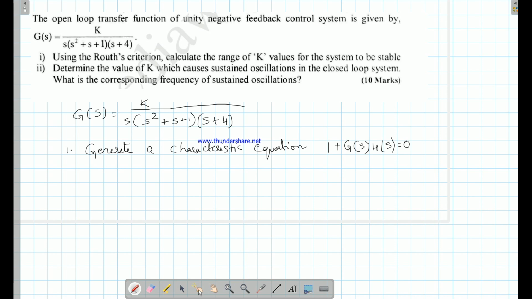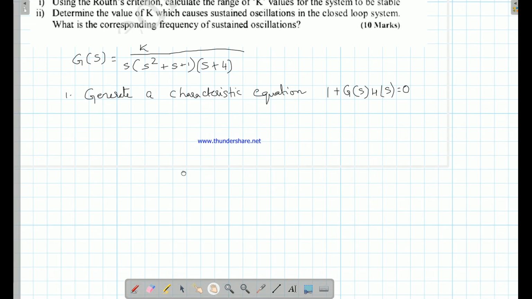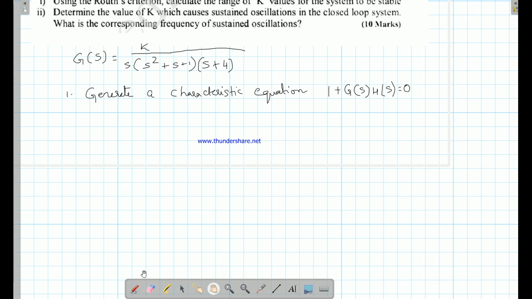Here, 1 plus G(s) into H(s). Here H(s) is equal to 1, because the given system is a unity feedback control system.